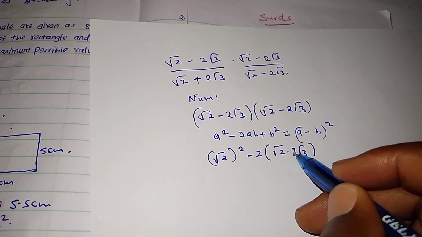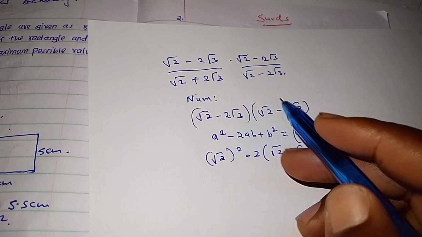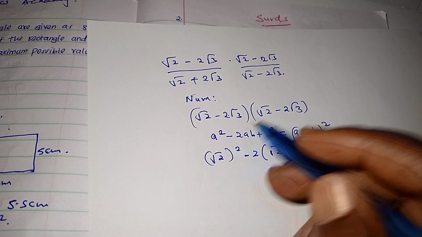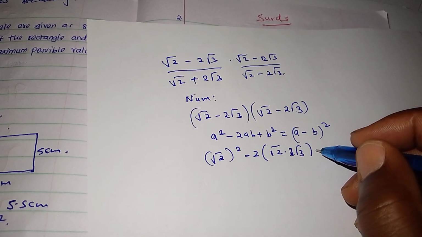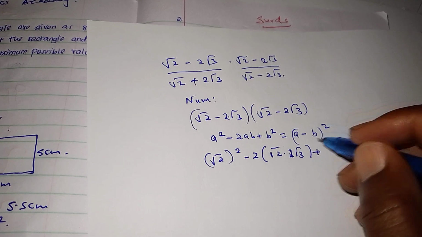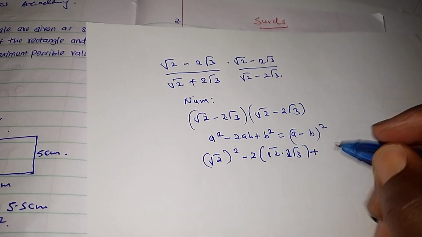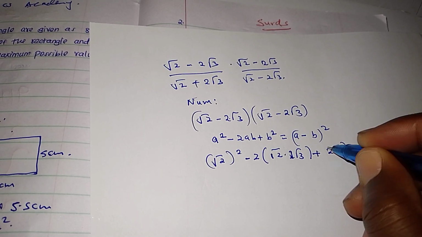This 2 is for this one here. Then plus the last component squared, so 2 root 3 quantity squared.